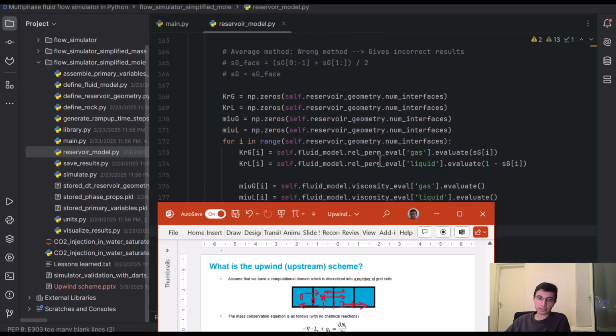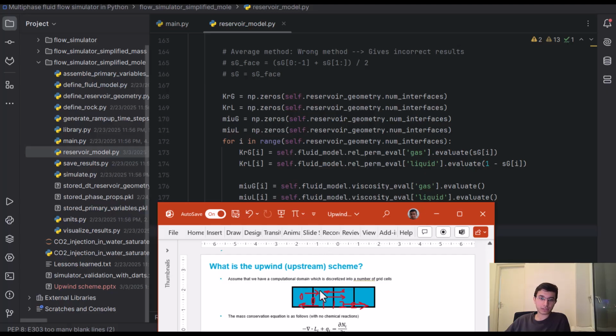All right, and the same thing here for phase relative permeability of the liquid phase, and this is actually how the Upwind scheme is applied here. But pay attention that if the fluid moves from right to left, this is not going to work. All right, so this actually works only when fluid flows from left to right.